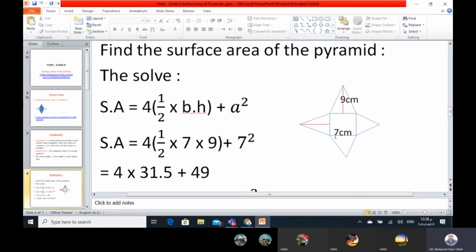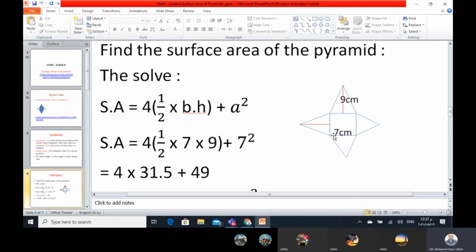This side equals this side, so here 7 means here 7. So the value of B will be 7. And the height of the triangle, the red line here, as you see, has the value 9. So the height will be 9. So this is the area of one triangle, multiplied by 4 because we have four congruent triangles.